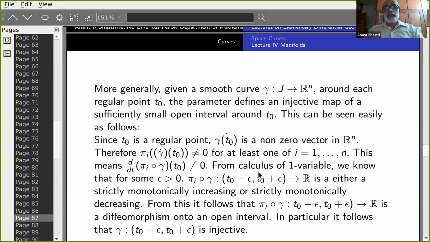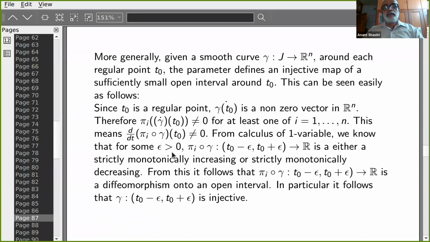From calculus of one variable, we know what I have just told you. Now we have a map from J into R, this composite map. So you can apply the earlier observation. You can find an epsilon positive such that inside the interval t0 minus epsilon to t0 plus epsilon, this function, which is gamma followed by the coordinate projection pi_i, is either monotonically increasing or monotonically decreasing.